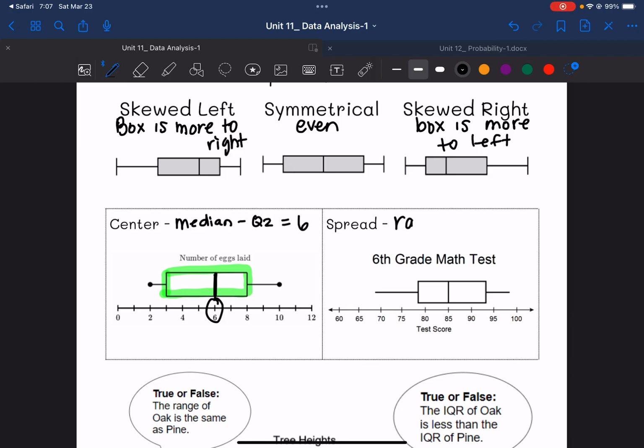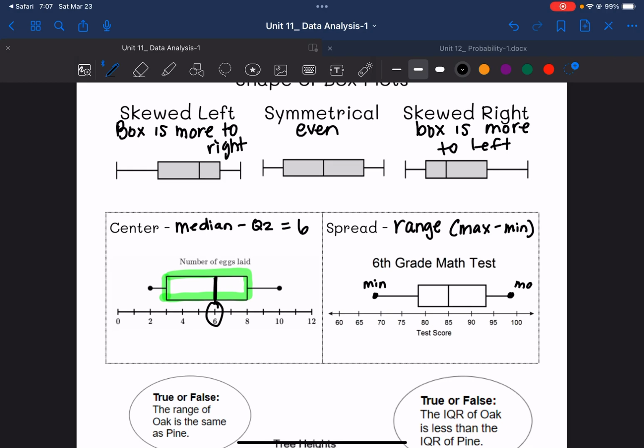Spread is the range, and that is maximum minus minimum. Here in this one, you have this point, this is the minimum, and this is the maximum. We're going to approximately find it.